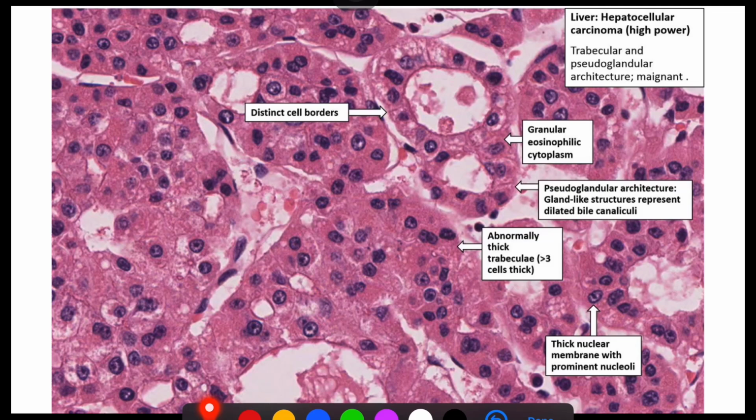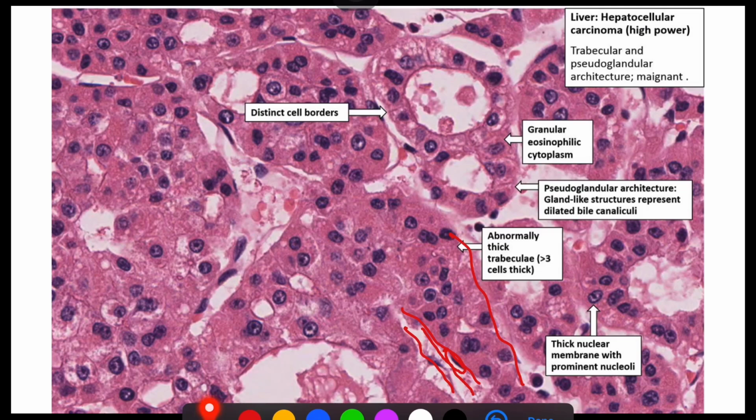So here these are the areas showing trabecular pattern. Here you can see plates of cells surrounded by sinusoids. So these are endothelial cells and these are the tumor cells. So this is trabecula, this is sinusoidal area and endothelial lining is there.